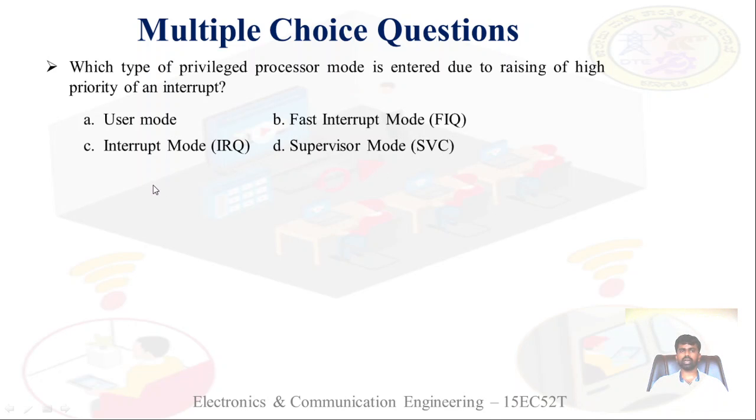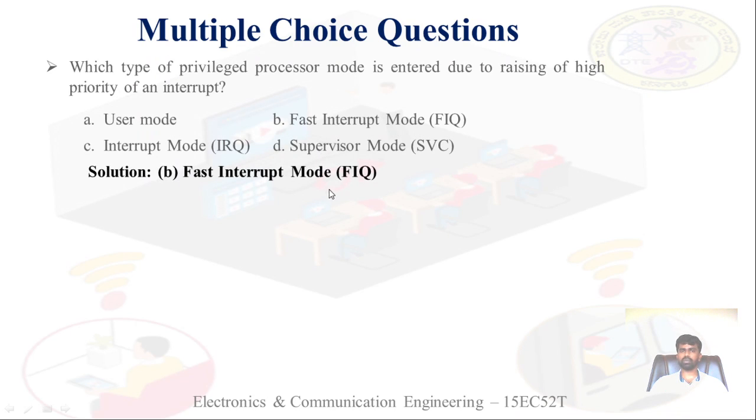Okay, can you give the answer? See, in the question there is an interrupt. We have 2 interrupt modes: one is fast interrupt request mode and another is normal interrupt request mode. They are saying high priority. So the answer to this question is fast interrupt request mode.